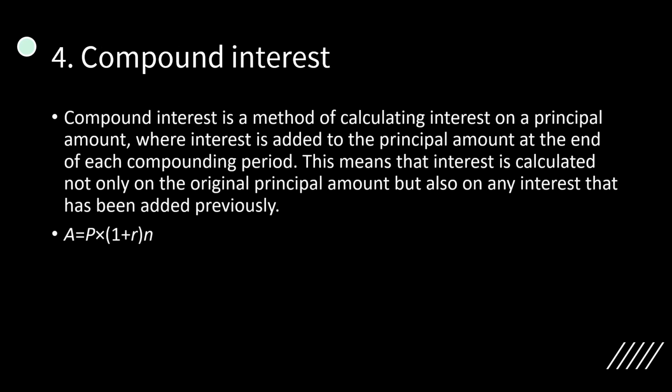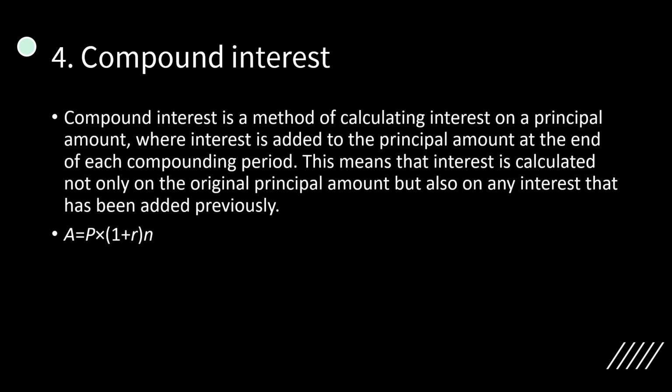Compound interest is a method of calculating interest which is prevailing in the market, which is practically used in the market. Now, what this method says is that in compound interest, the interest is calculated on the principal amount, and then the interest of the second term is calculated on principal plus interest earned in the first term.